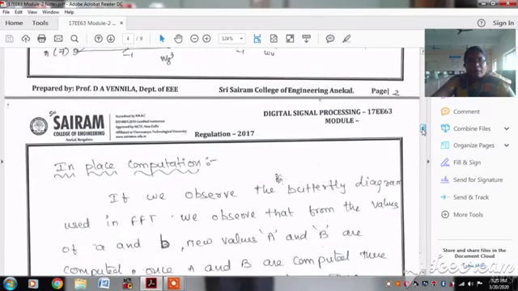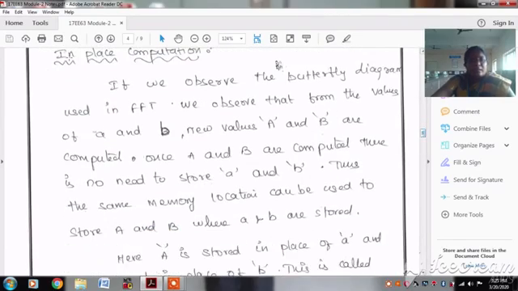And one more important concept you should know is in place computation. In place computation is very, very important in the butterfly diagram. What is meant by in place computation is, if you observe the basic butterfly diagram, we have two values, small a and small b, and we compute the new values capital A and capital B with the help of these values.